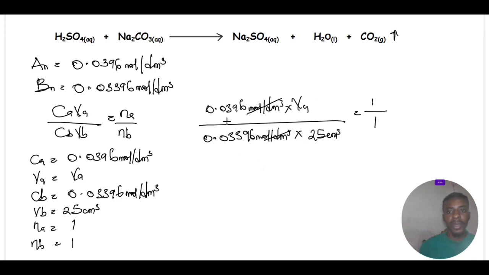Then you cross multiply. If you cross multiply, you have 0.0396 times VA times 1 gives you the same thing. And this one, you also have 0.03396 times 25 times 1 gives you the same thing. So let's go further to calculate this.